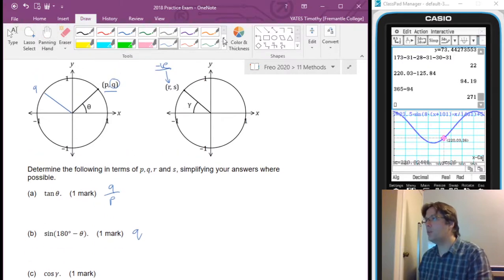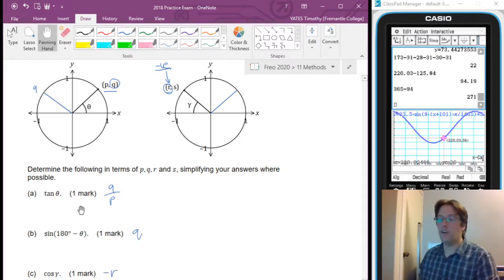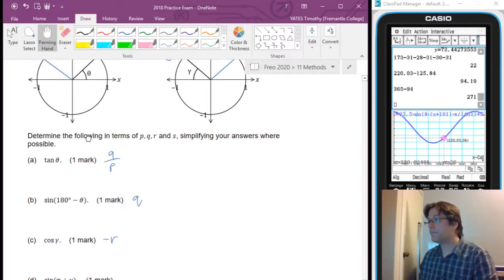Cosine of gamma, remember that cosine of gamma actually comes up here. Cosine is the x coordinate, but remember this is a negative number, so R over here is going to be positive, which means we need to do negative R to end up turning it into a positive number.